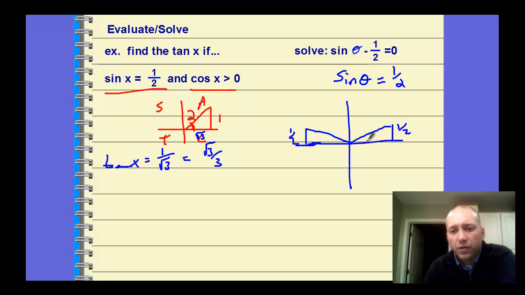This first triangle is the easy one, that's just pi over 6. And then the second one is pi, or 180, minus pi over 6, so that would be 5 pi over 6. Both of those would be the solutions to that equation.